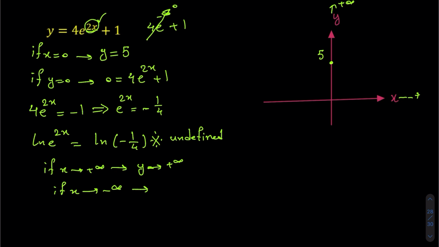So this is 0, therefore y will be equal to only 1. So y approaches 1. Okay, that is the limiting point. That means y can never be less than 1. So here is 1. Let me draw such a line here.